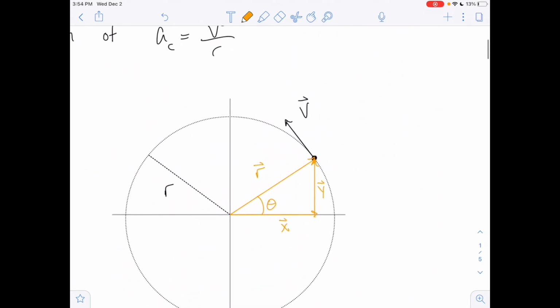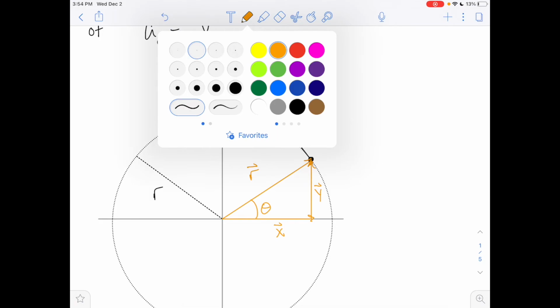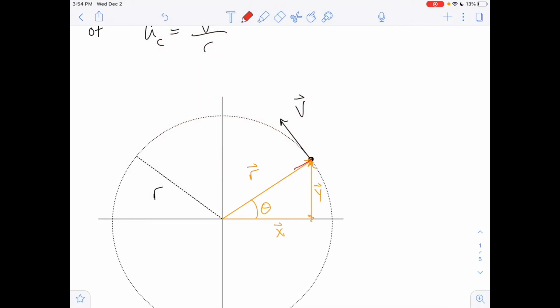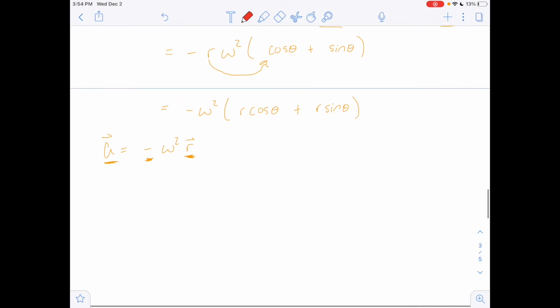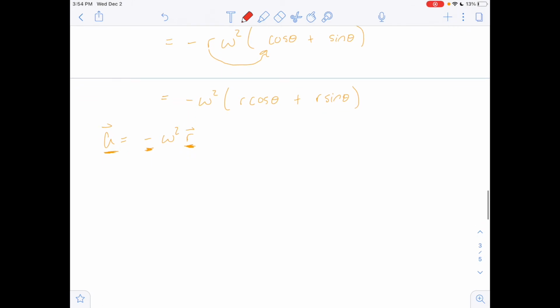So acceleration is going to be opposite in direction of r, which we found in the last video. Acceleration is always going to be the opposite direction of r, pointing towards the center of the circle. And so for our acceleration, since we already know the direction, we just want the magnitude of a. The magnitude of this is going to be just omega squared times r, and we're going to drop that vector.